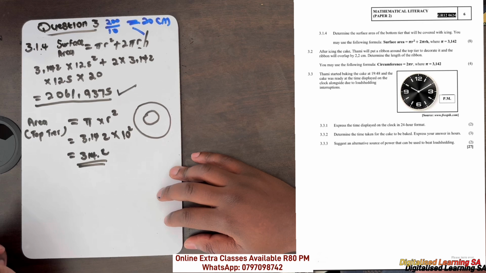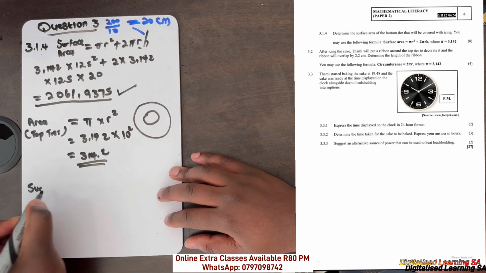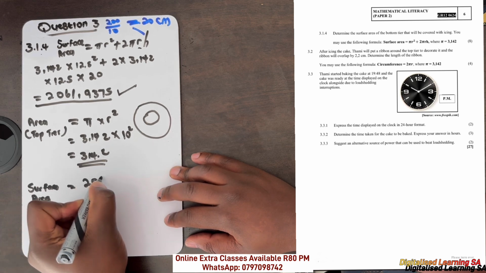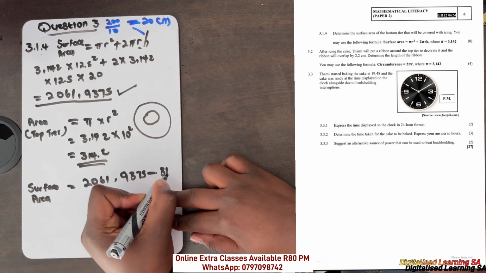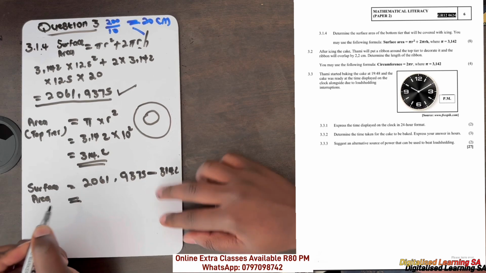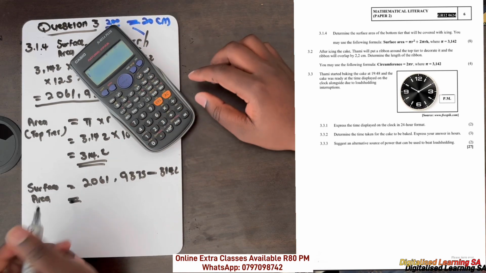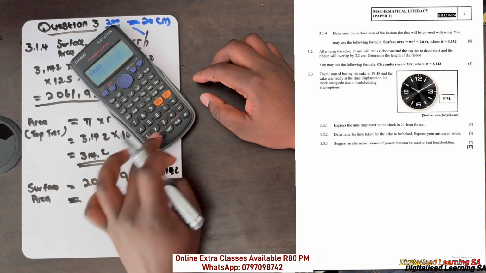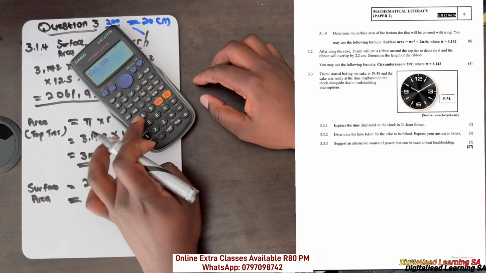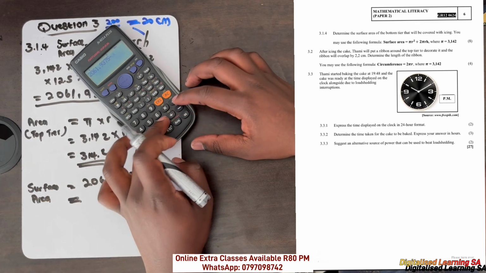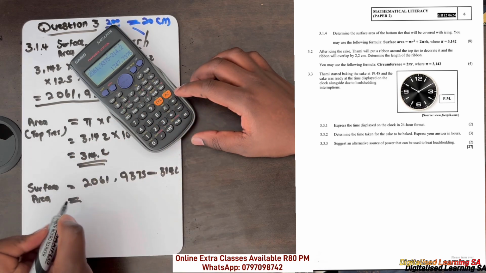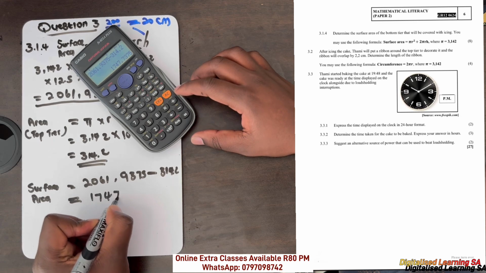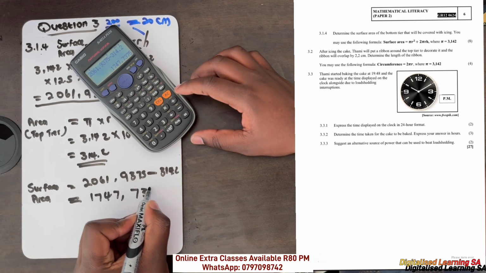Our surface area will then be 2061.9375 minus 314.2, and our answer will be 1747.7375.